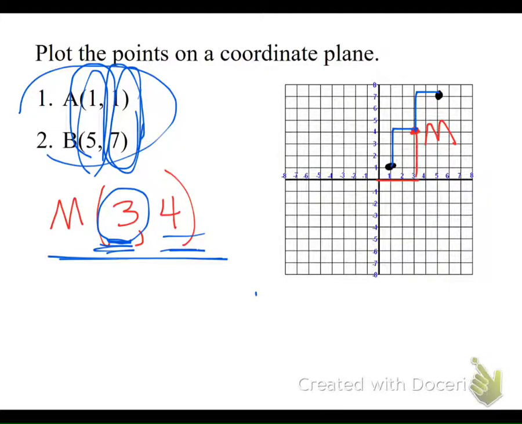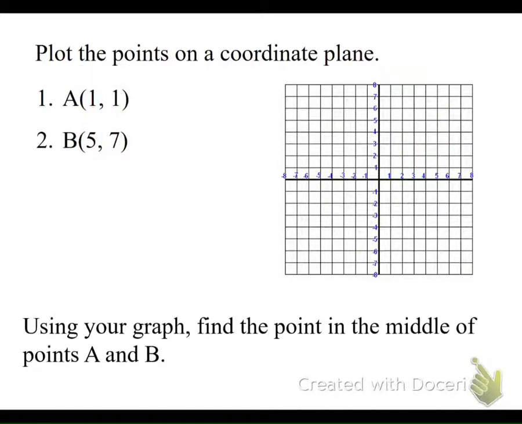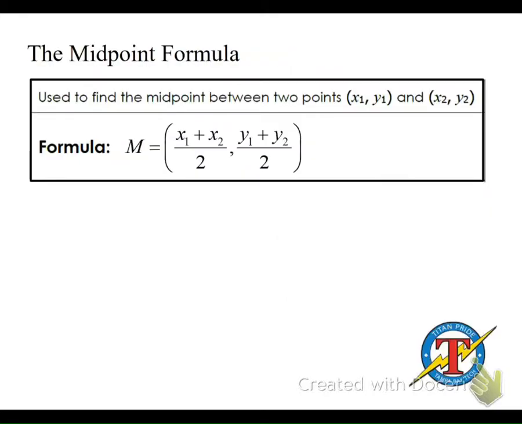It's that easy. So try to remember midpoint. Find point in middle, but just do your x's and y's separately. Now, of course, there is a midpoint formula, and here it is. This x sub 1 just means if you have 2 points, x sub 1 would be your first point.